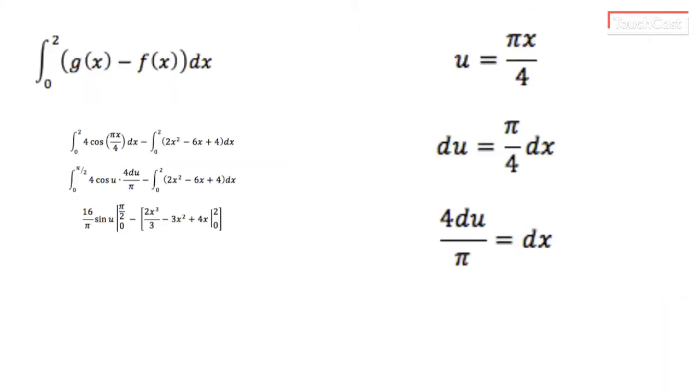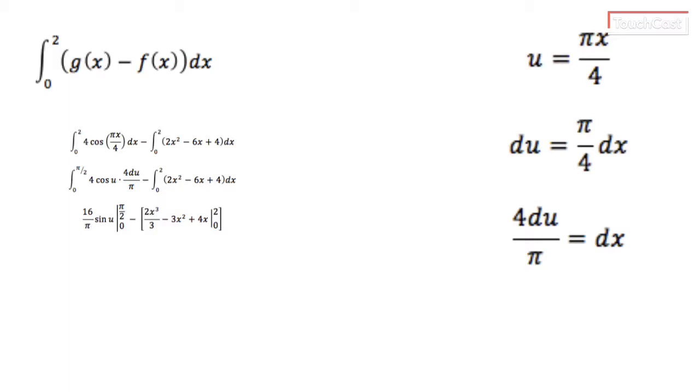All right, so here's what I do. I've decided I'm going to integrate from 0 to 2, top curve minus bottom curve, so that's g of x minus f of x. I wrote that out. This is worth a point even if you don't write out the function rules for g and f. But now that I'm going to have to integrate by hand, I'm going to write out the function rules. I split my integral up into 2 parts at the subtraction sign, which is not required, but I'm looking ahead and thinking about integrating 4 cosine of pi x over 4.